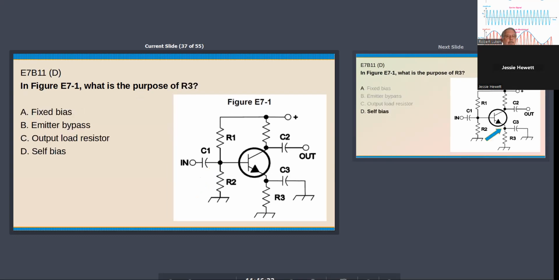And another question: the bias determines when that transistor is on, right? When current is flowing from the collector? Correct. Yes, you have to bias it so that the bias voltage is greater than the threshold of the PN junction, which would be approximately 0.7 volts if it was silicon.